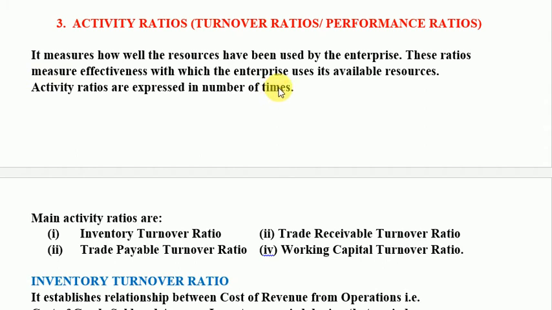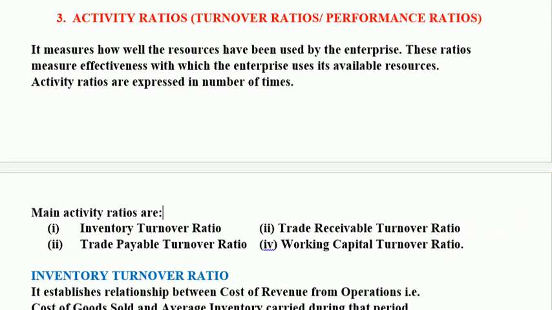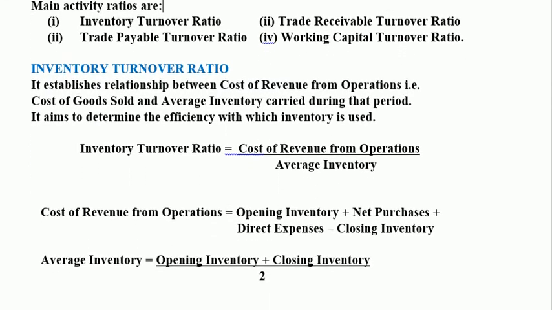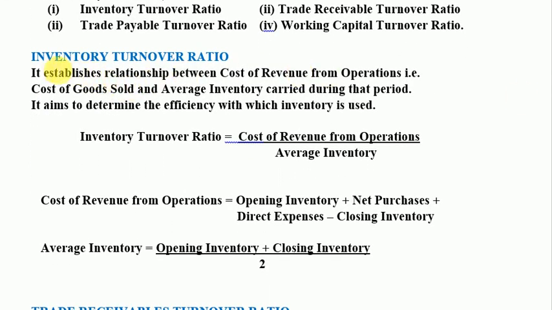Now, the most commonly used activity ratios are: number one, inventory turnover ratio; number two, trade receivables turnover ratio; number three, trade payable turnover ratio; and number four, working capital turnover ratio. So these are the four important types of activity ratios, and today we are going to see the first type, known as inventory turnover ratio.